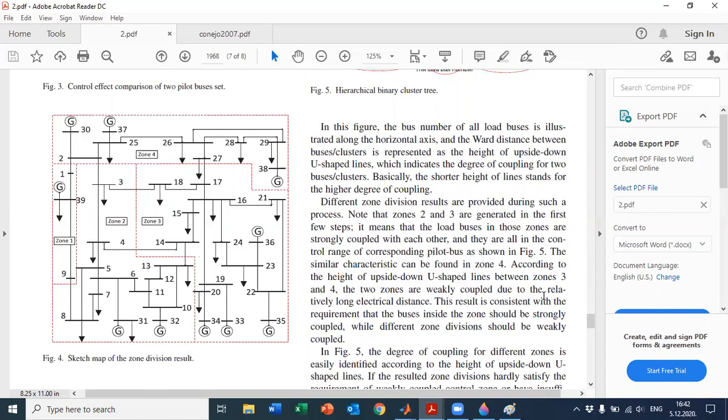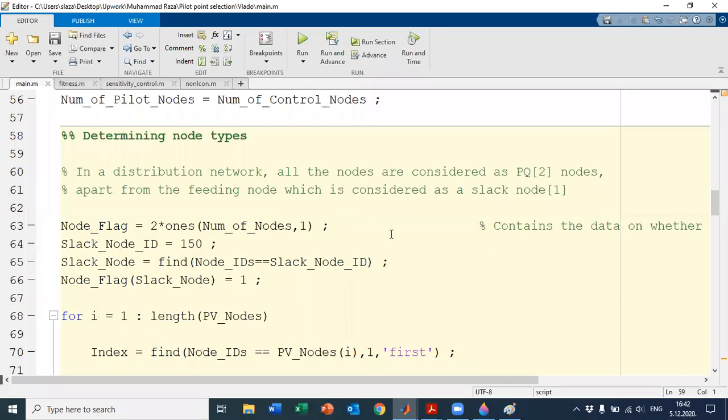However, because we don't have a wide operating range in terms of reactive power, we don't want to simulate any PV nodes. What we've done here is consider every node in the network except the slack node, which is the first node, giving power to the distribution grid. We consider that a slack node, and every other node is a PQ or load node, or a node with constant power.